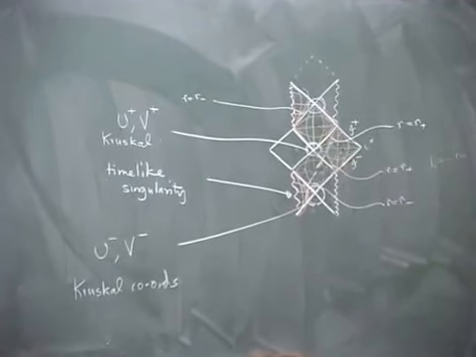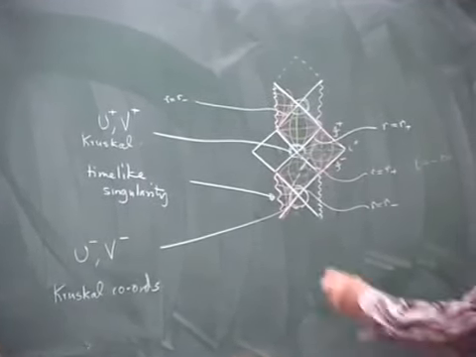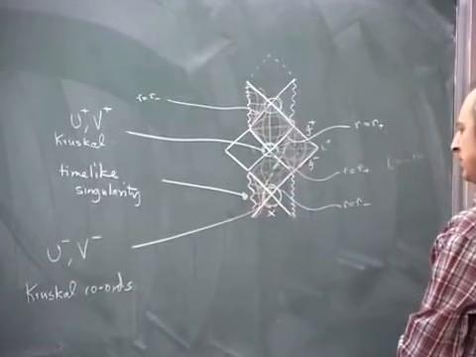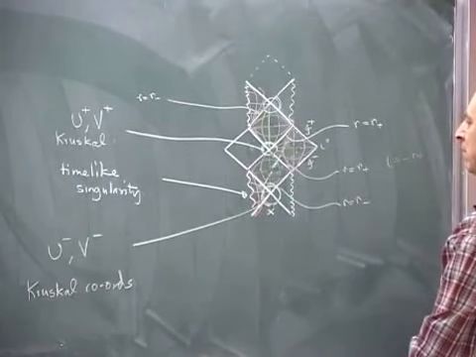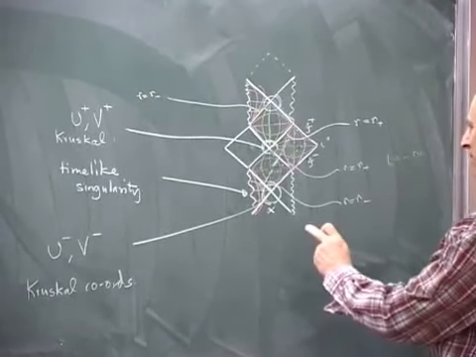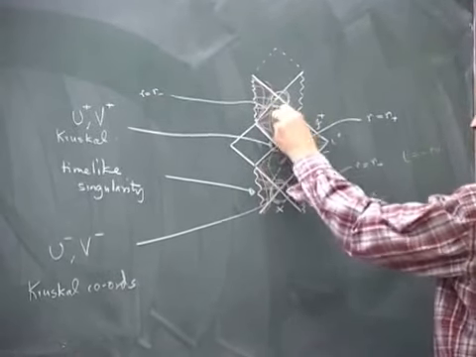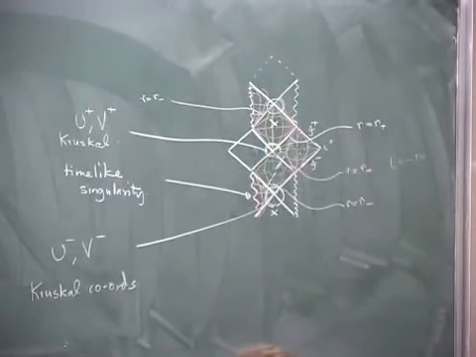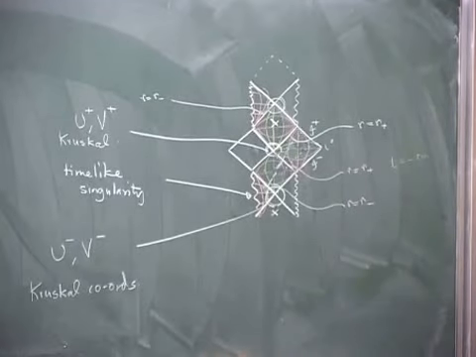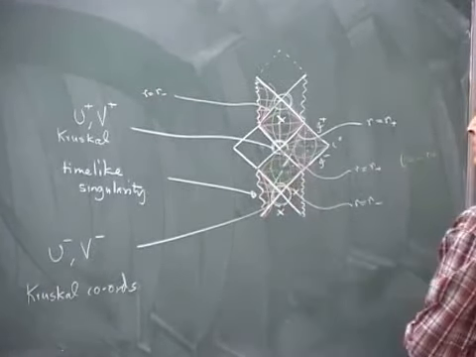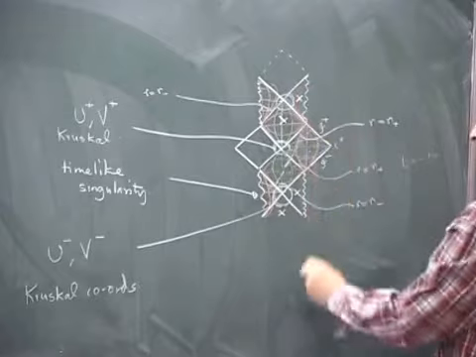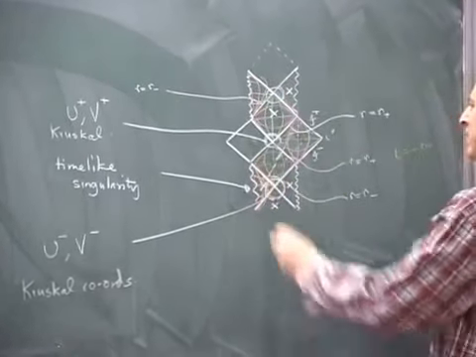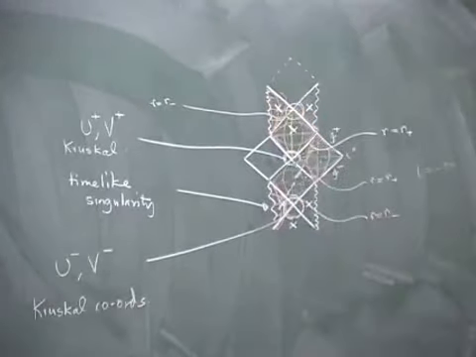A consequence of which is that the metric in this region must be the same as the metric in, is it right? Past of that one. That one. Similarly, the metric in this region has got to be the same as the one in that region. And hence the metric in that region is the same as the one in that region, and so forth.